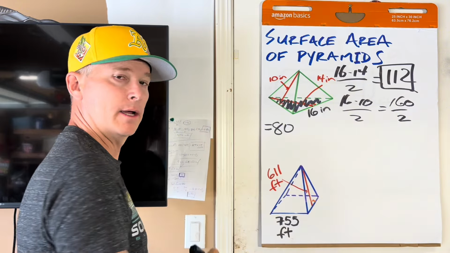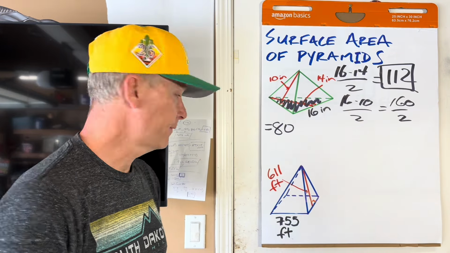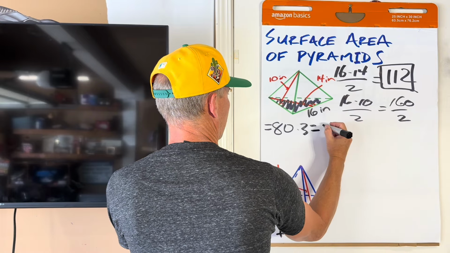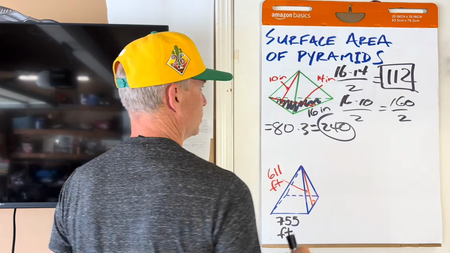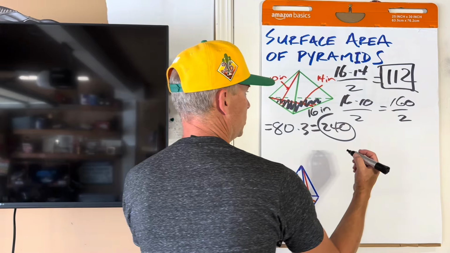So the area of one lateral face is 80, and since there are 3 lateral faces, we multiply that by 3, which equals 240. So you have 240 plus 112. Let's do that in our head. I have 352.